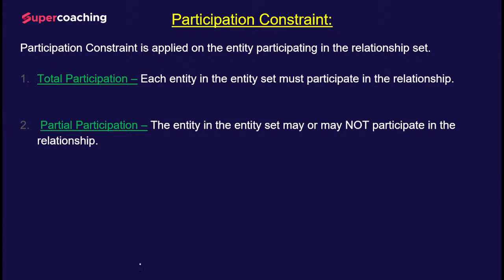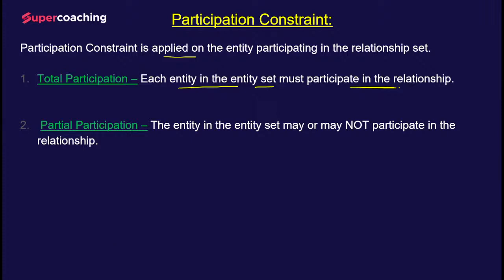Okay. So, total participation constraint is applied on the entity participating in the relationship set. First one is the total participation. Each entity in the entity set must participate in the relationship. Every entity will participate in the relationship.